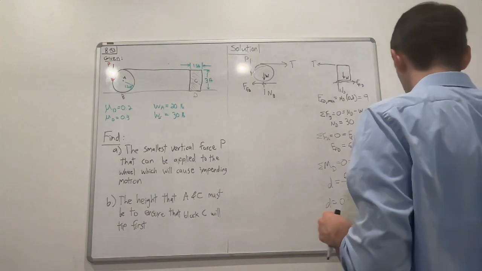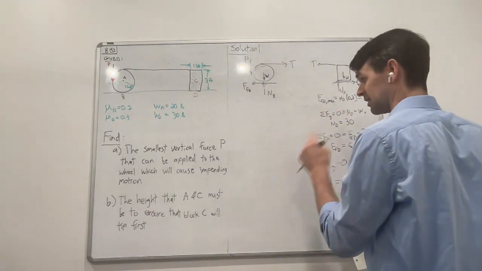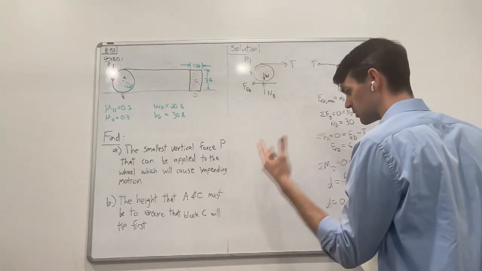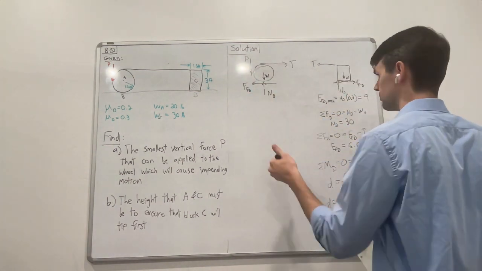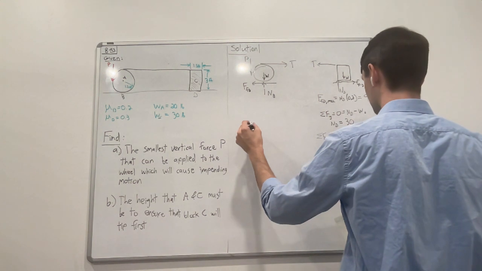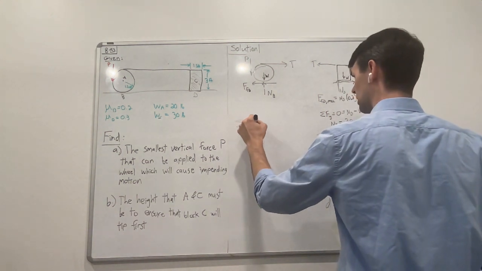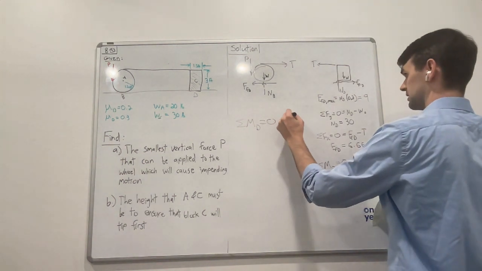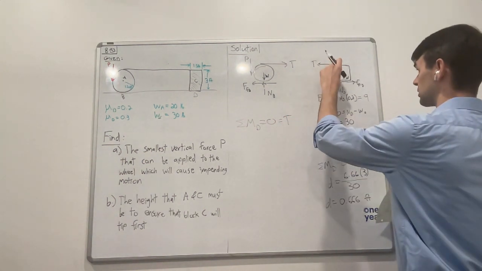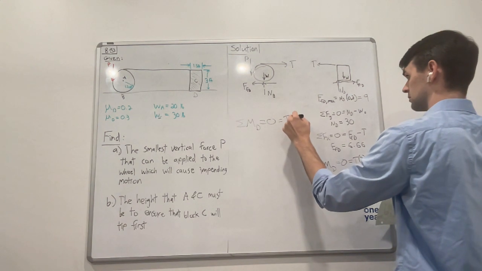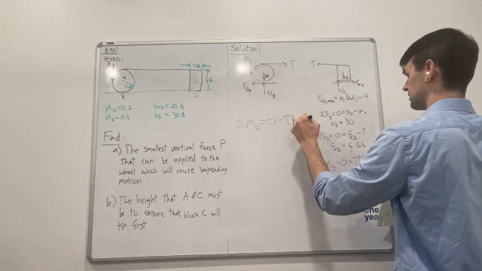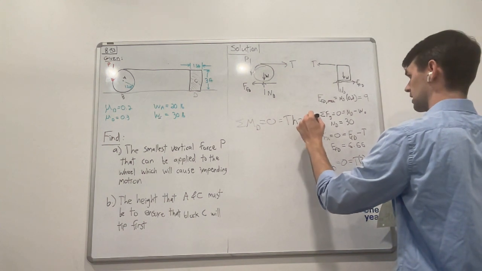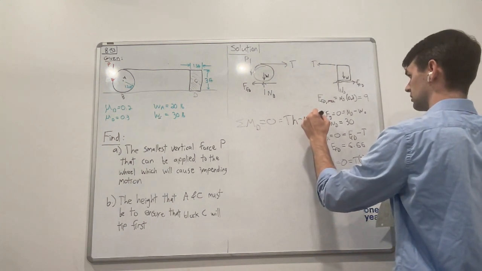So I'm going to start with the exact same sum of moments equation. Now we're just trying to find how much taller the box would need to be to make sure that tipping is the first way that we have impending motion. So the sum of the moments about point D equals 0. That equals the tension times the height, minus ND times 0.75.